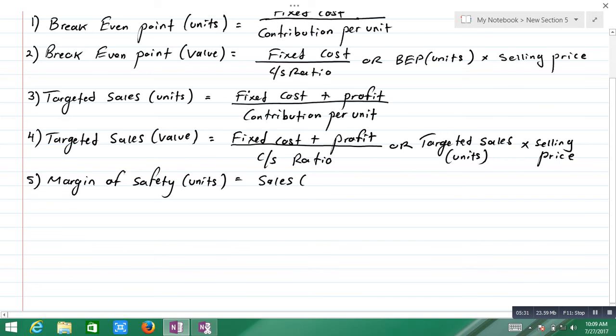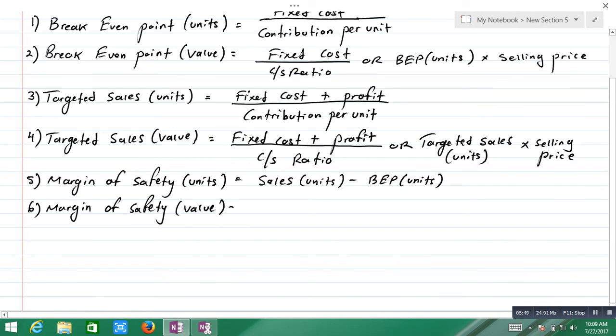Number six, margin of safety value: sales value minus BEP value. So those are the main formulas.